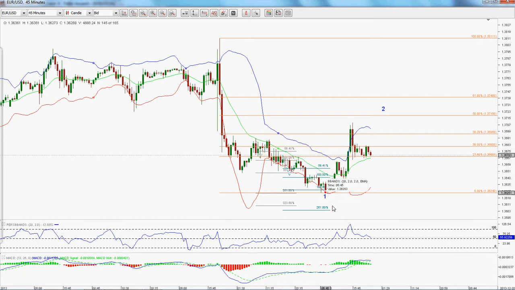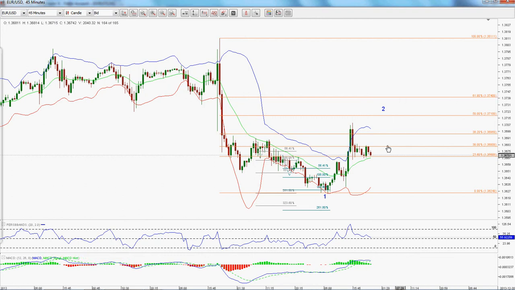I thought, this must be the first wave, and this will be the second wave if the whole count is correct. This is important. Good, it's the second wave. The second wave has not reached the 50 or 61.8 levels yet. Typically the second wave should reach those levels, and I'm interested in searching for trade setups based on those.